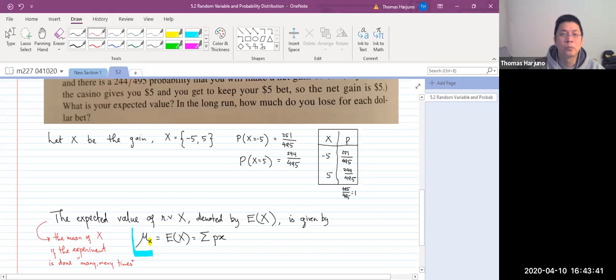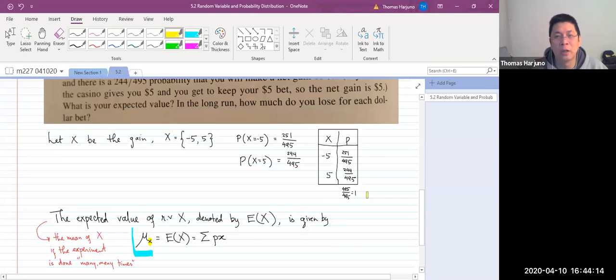In other words, later on when we compute the expected value here, the result will give us the average winning, or losing if negative, if we play this game many times.